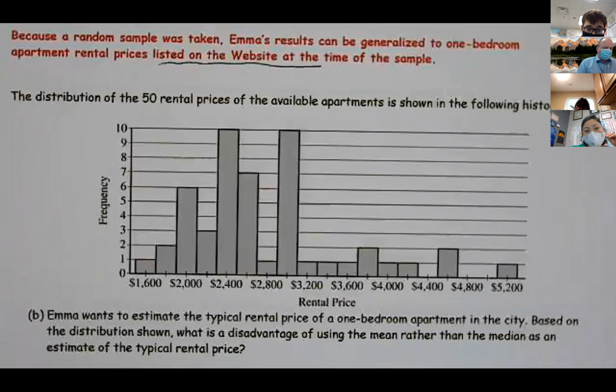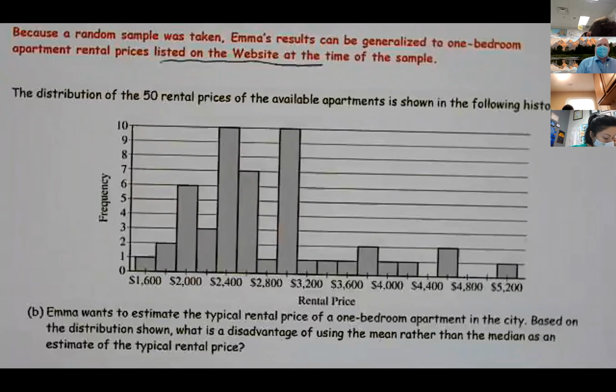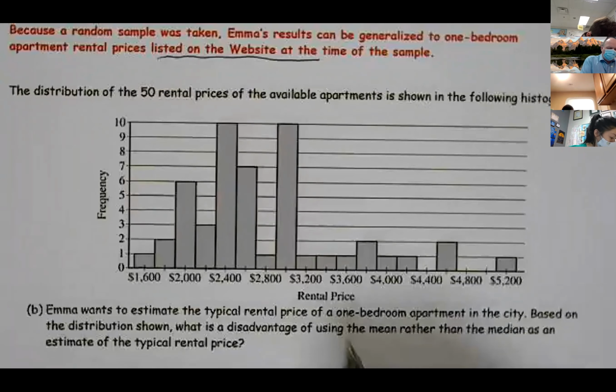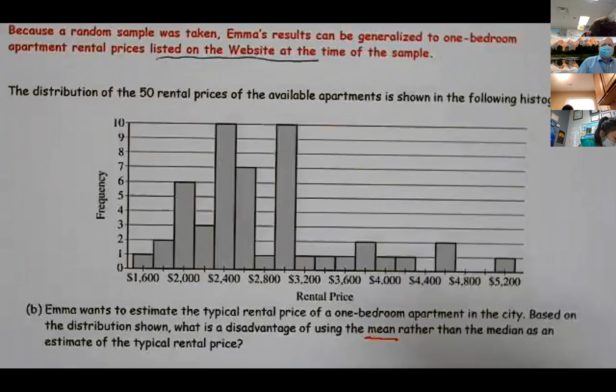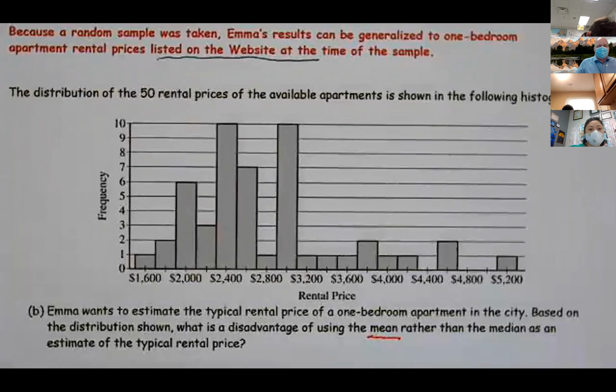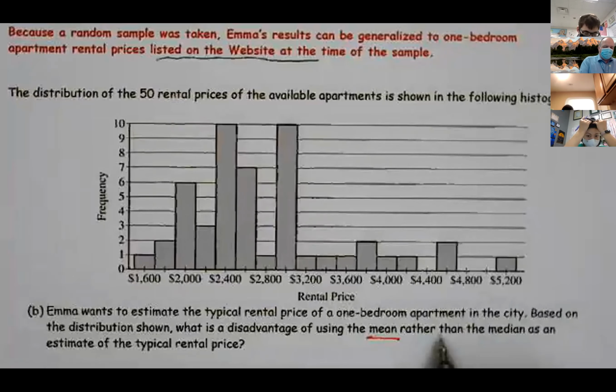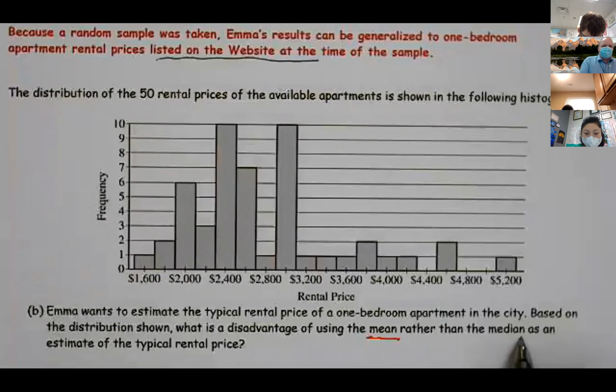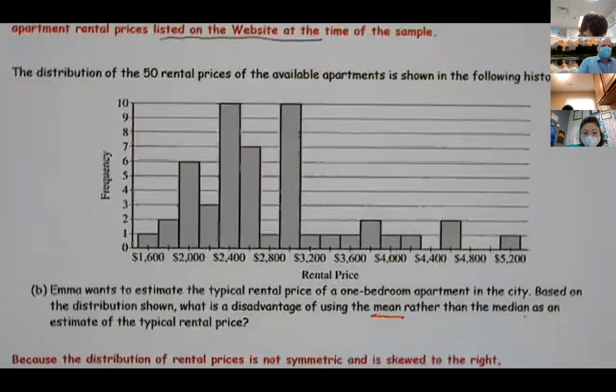It says Emma wants to estimate the typical rental price of a one-bedroom apartment in the city based on the distribution shown. What is the disadvantage of using the mean? Because a lot of times we just say, hey, let's take the average. Well, when we look at the distribution, we know it's skewed. So rather than the mean, use the median as an estimate of the typical rental price.